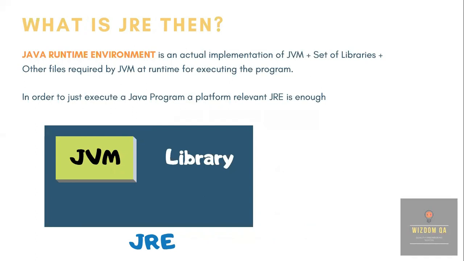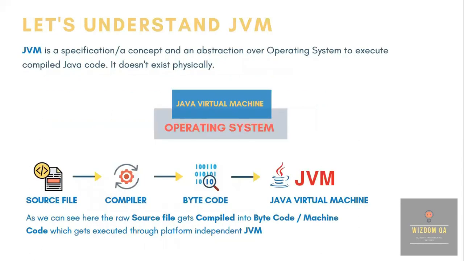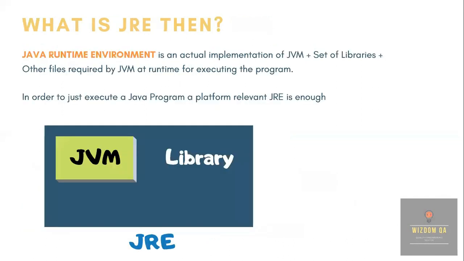So the next topic is Java Runtime Environment. What is Java Runtime Environment? As I said in the last slide, Java Virtual Machine is the concept. Concept meaning it's an idea that the source file will not run directly on the operating system, but it will run on an abstraction, and that abstraction is Java Virtual Machine. That is the concept, right? Let's go to the next slide.